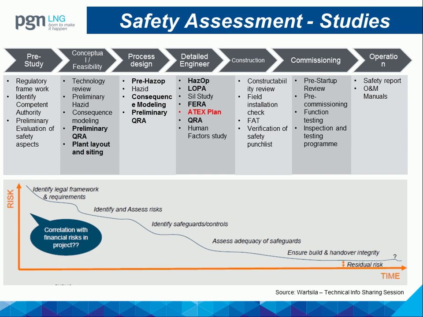As a typical, normally we'll do a HAZOP, HAZID, LOPA or QRA in the design phase or detailed engineering phase, and based on that safety assessment, you will know what kind of mitigation or barrier you would like to put on your plant.